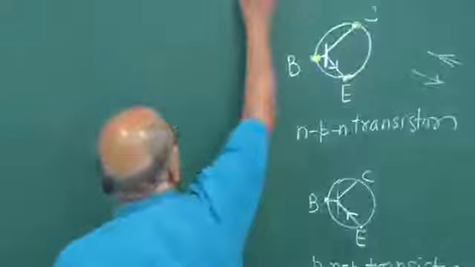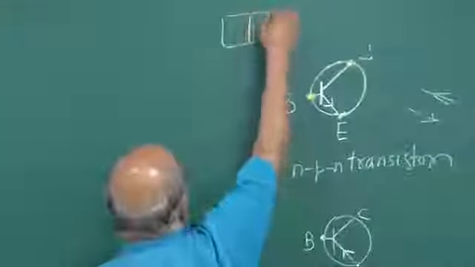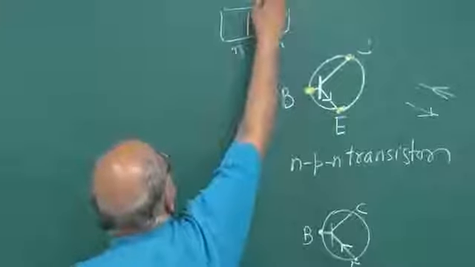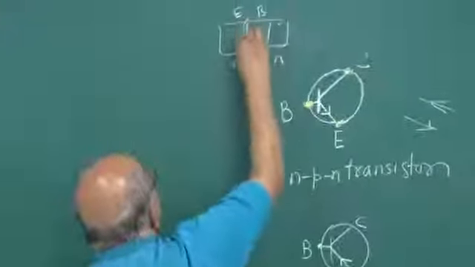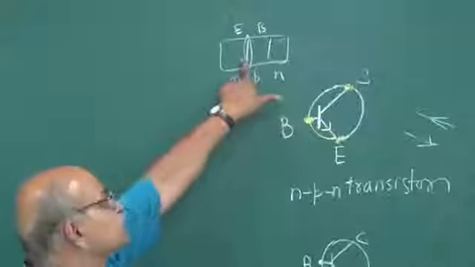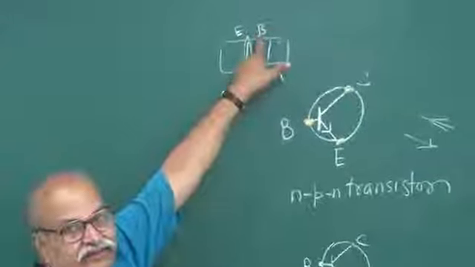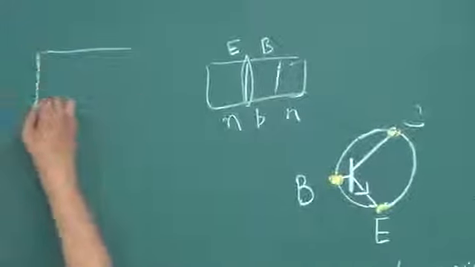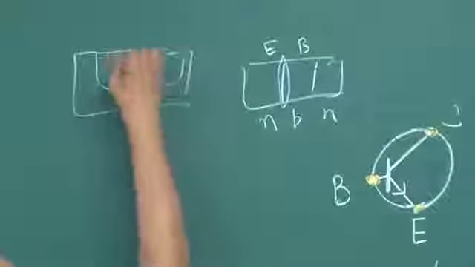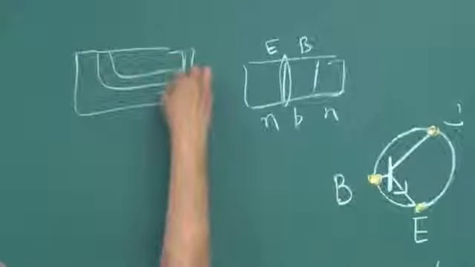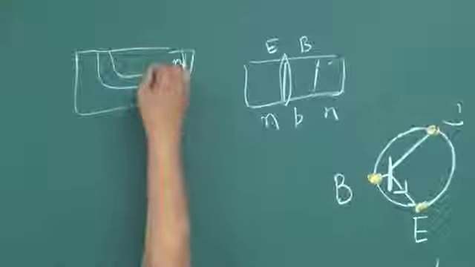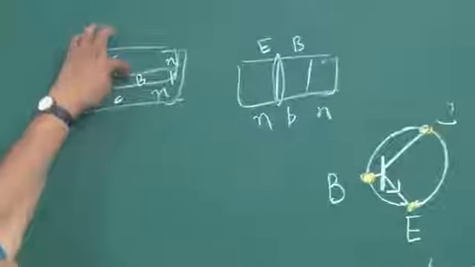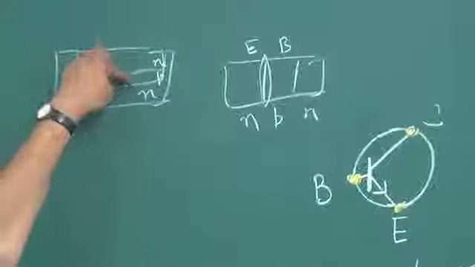If you think of this diagram, if this is P, this is N, this is P, this is N, and if this is base and this is emitter, then the PN junction here is between emitter and the base. Or if you use this diagram, this is N, this is P, and this is N, and if this is base, emitter, and collector, then we are talking of this PN junction between emitter and base.